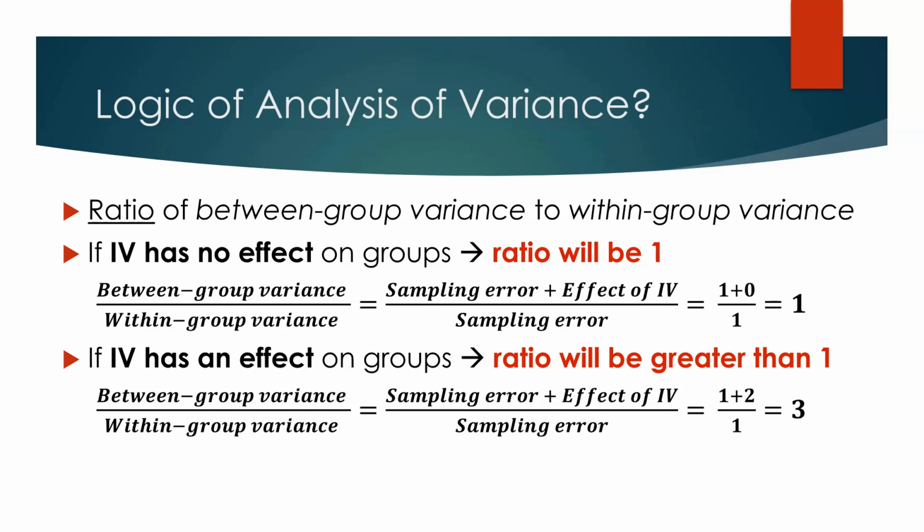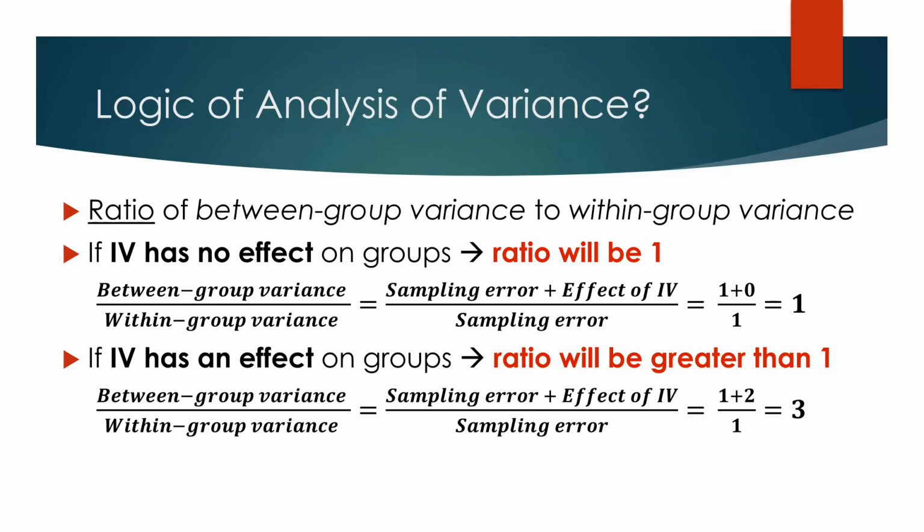When you take sampling error plus the effect of the independent variable, add them together, and divide by sampling error on the bottom, you get a result. That's going to be the ratio. So if the effect of the IV is 0 and sampling error is 1, then 1 plus 0 is 1, divided by 1 is 1. So when the IV has no effect, the ratio of between to within group variance will be 1.